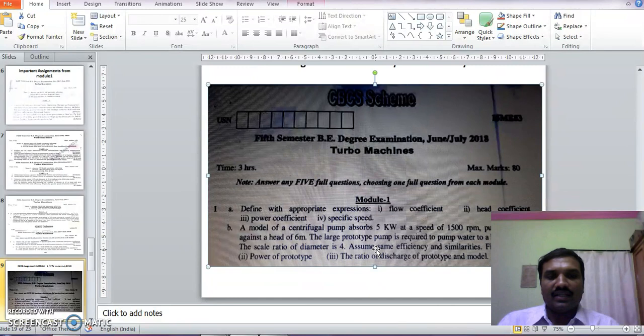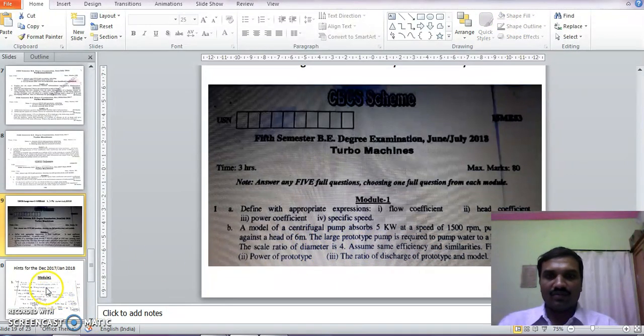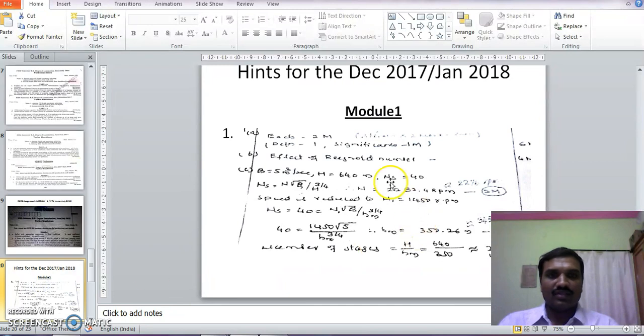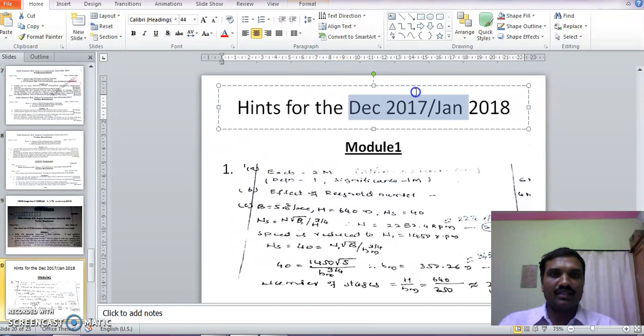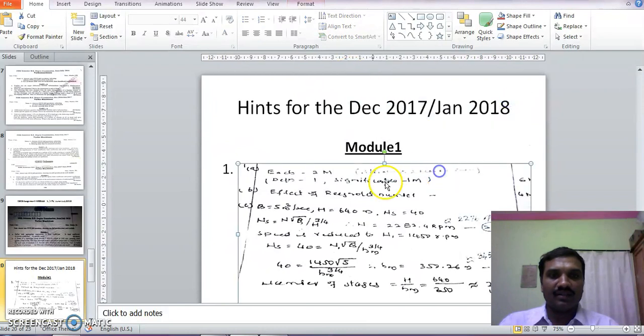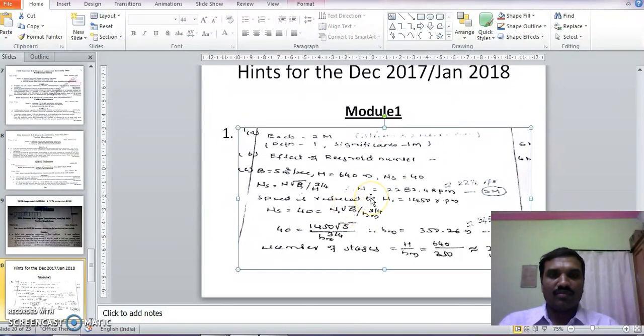Then we have to calculate the power as well as the ratio of discharge Qp divided by Q, and speed for the prototype. So these are the repeated questions. This is a hint for the problems asked in December 2017 and 18. Some typical problems where I am giving hints, so you refer to it and solve on your own.